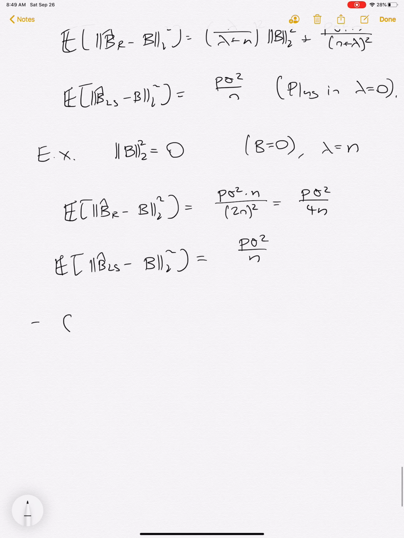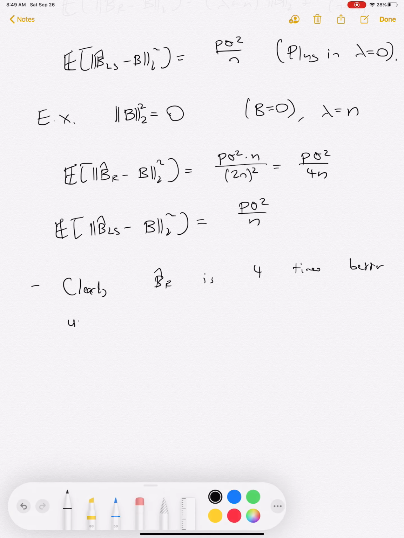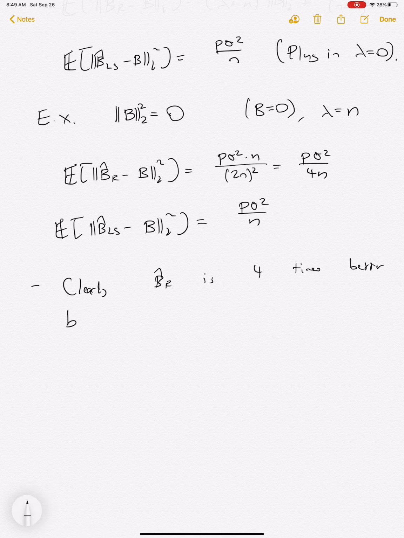So clearly beta hat r is 4 times better, because the variance gets significantly reduced.